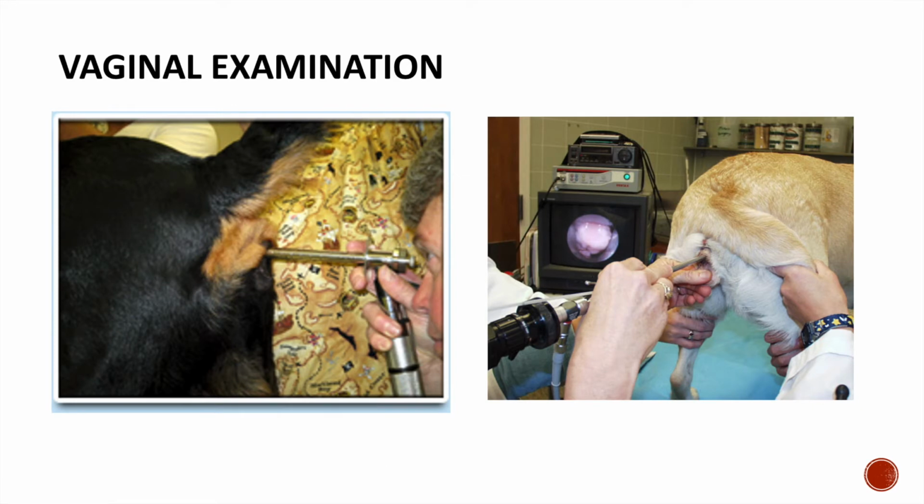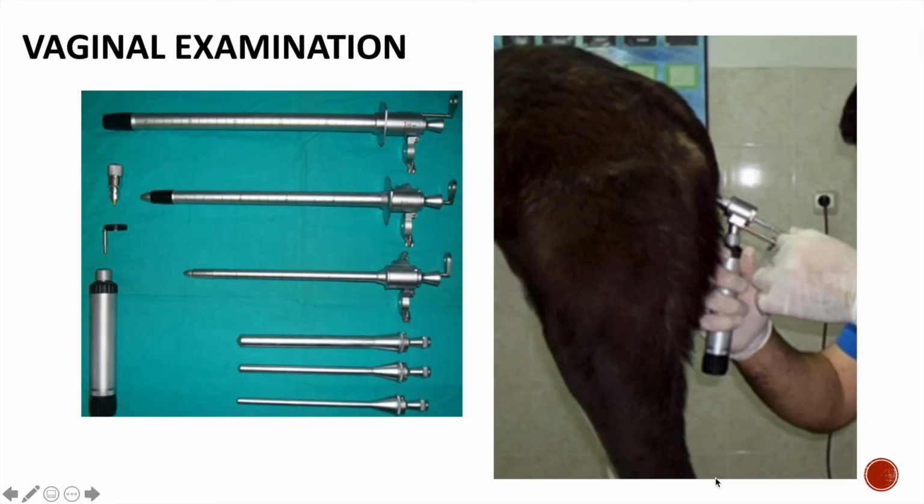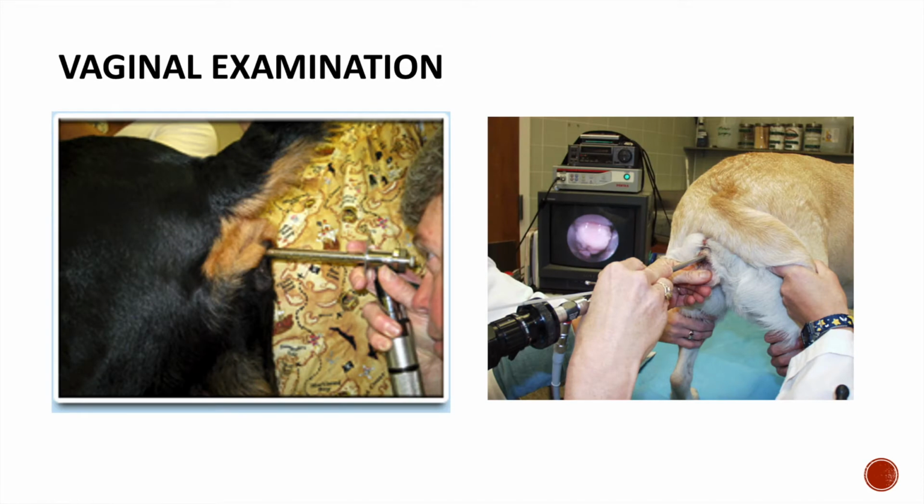For vaginal examination, the first thing you want to do is use a 45-degree angle to place the vaginoscope, and then turn it to a parallel position. After that, you can use a pen light or an endoscope to see what's happening inside.